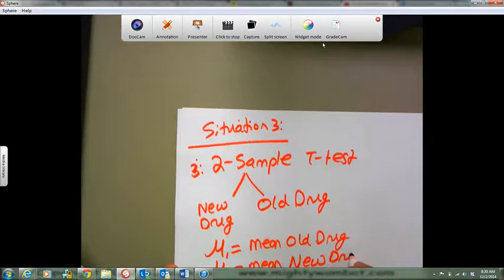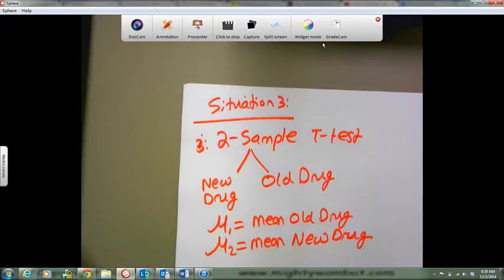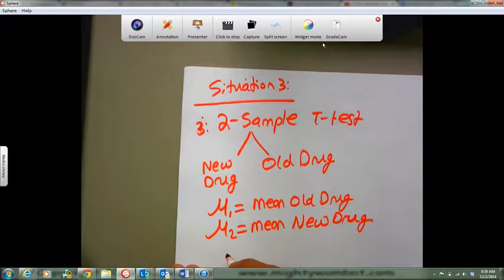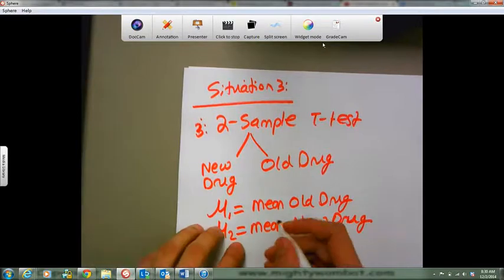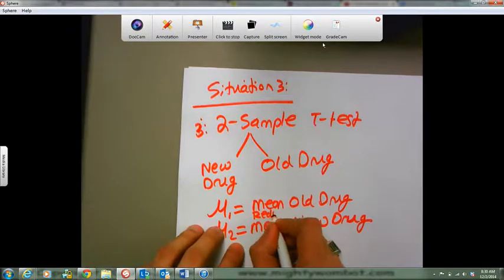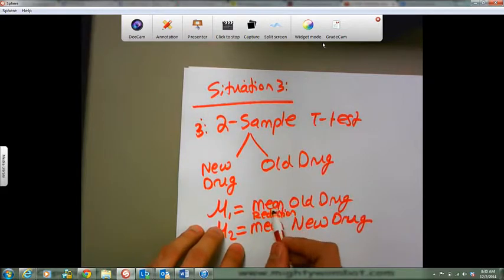And the alternative hypothesis is what? Well, what are we trying to check here? We're trying to check that, and by the way, this is the mean reduction. Notice, because they said that the mean reduction or mean decrease was 10 milligrams on the old drug, and the mean reduction on the new drug is 18 grams.